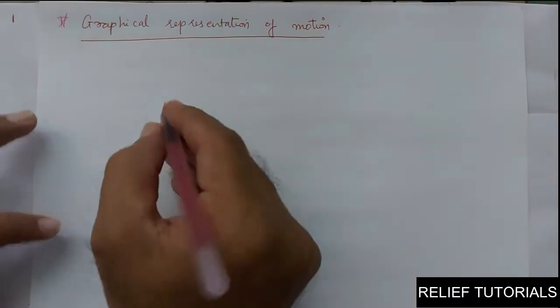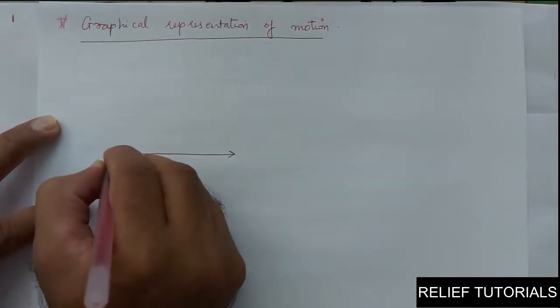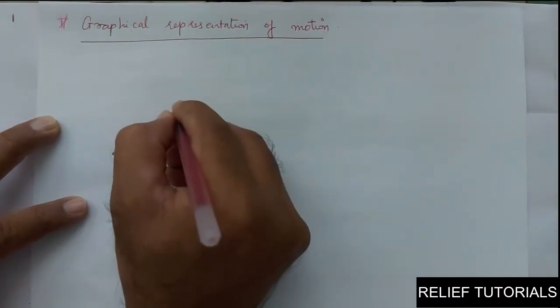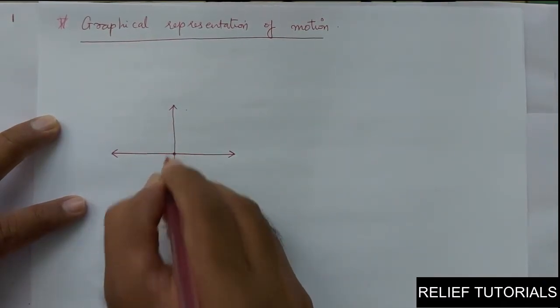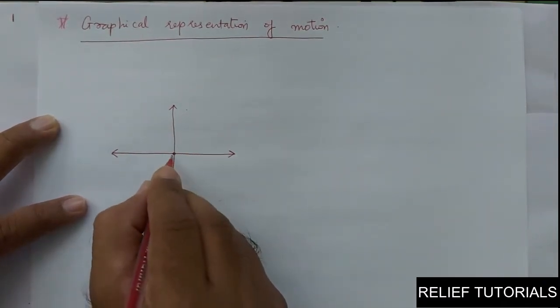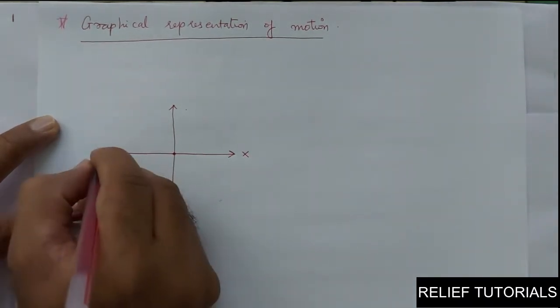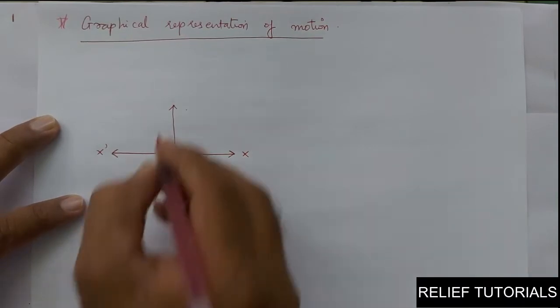First of all, let us take some knowledge about the graph. We know that this is the x-axis and here is the y-axis. This is the point of intersection of both, that is origin. This is positive x side. This is x dash, means negative x side.